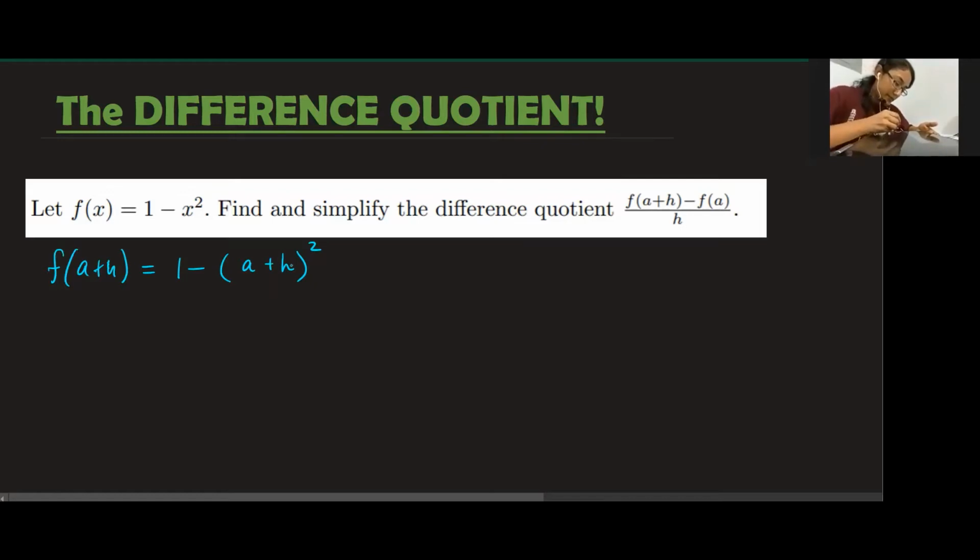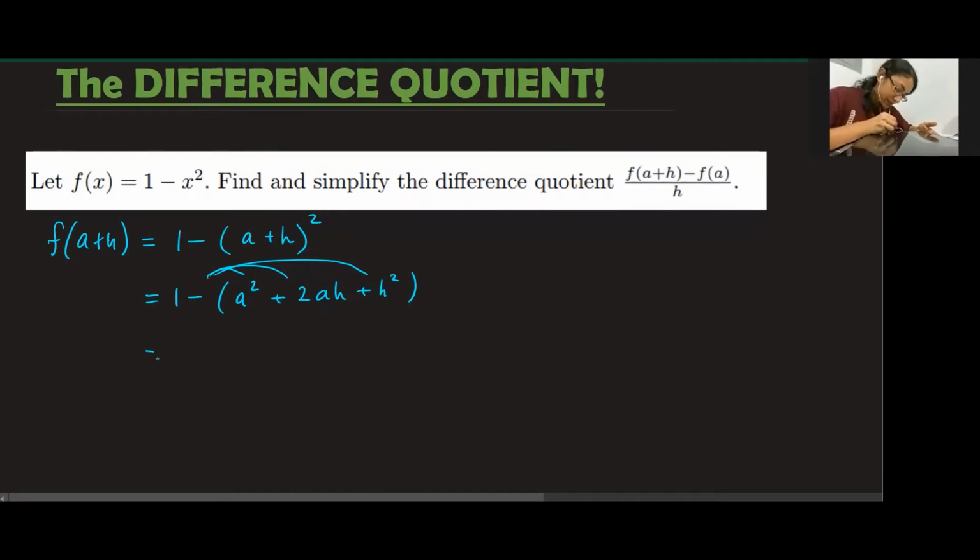And then we expand, so this will be 1 minus a squared plus 2ah plus h squared. And then we distribute the negative 1 to simplify this further. So we have 1 minus a squared minus 2ah minus h squared. So that will be the expression we'll plug in for f of a plus h.